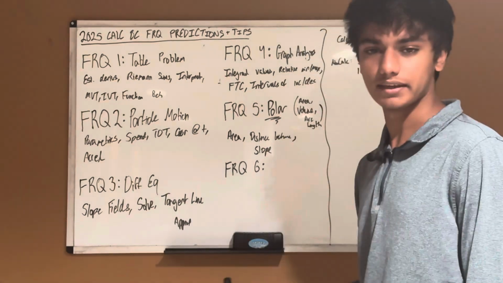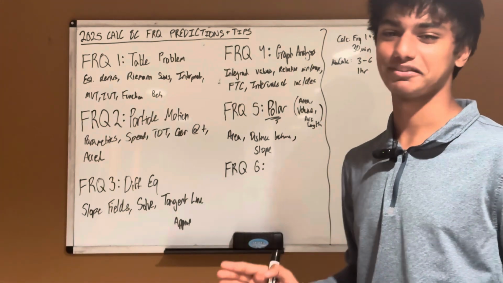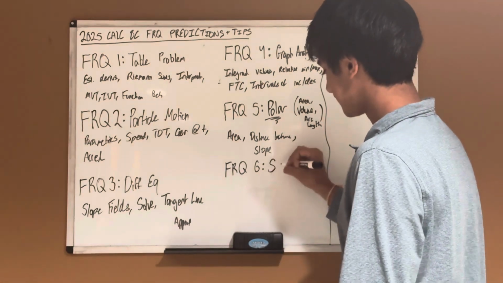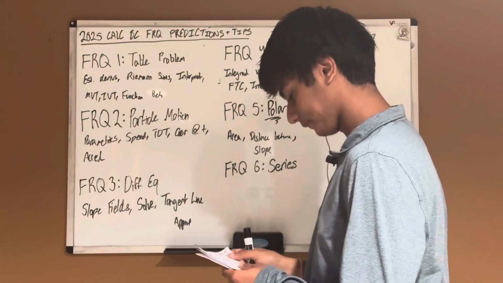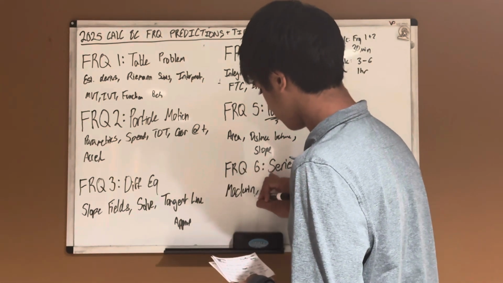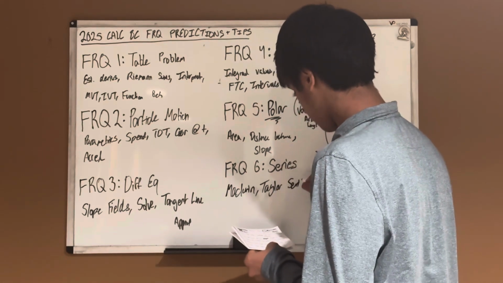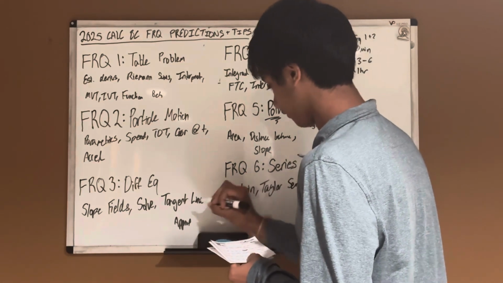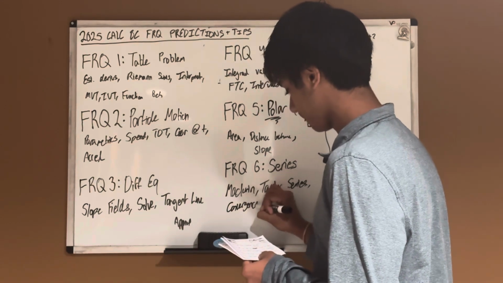And for my final guess, FRQ6, I'm 99% sure it's going to be series. For series, make sure to study Maclaurin series, Taylor series. Make sure to study the convergence tests and interval of convergence, right?